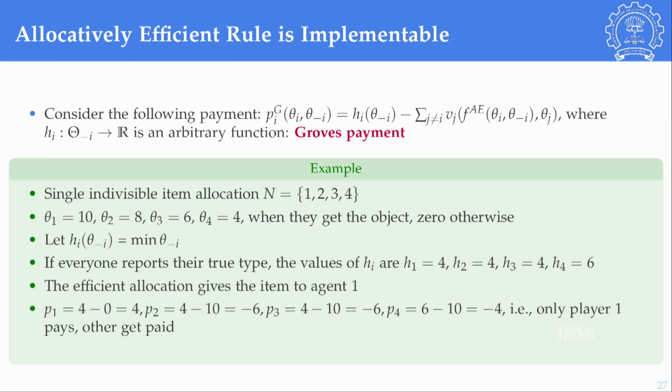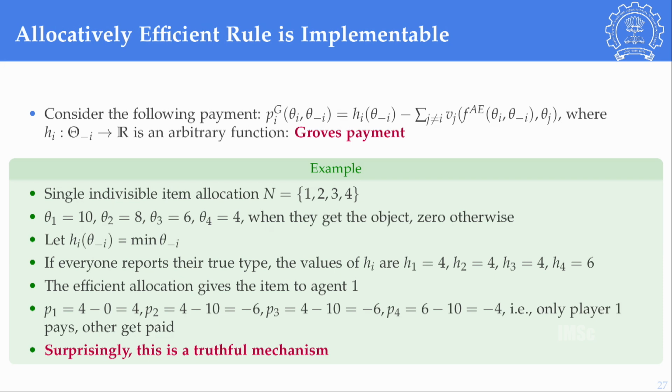It is a strange mechanism because it is just collecting 4 amount of money and giving out 6, 6 and 4, so it is actually running into a loss. We will fix this, but just to keep you informed ahead of time, this indeed is a DSIC mechanism. We will show this.